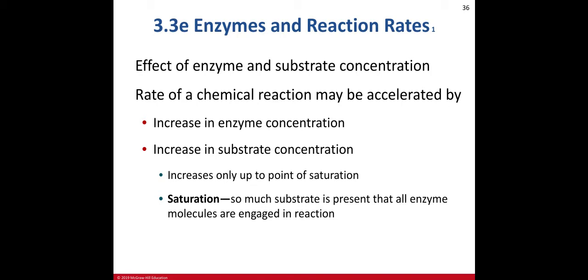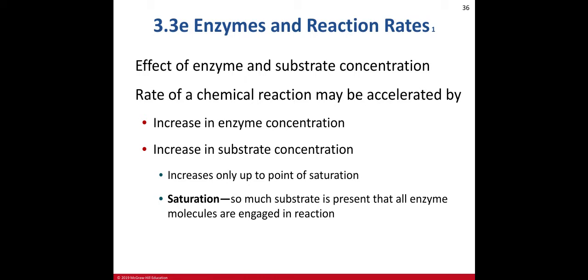What can we do to slow down or speed up or change reaction rates? Well, the amount of substrate or the amount of enzyme can affect how fast the reaction happens. So we can speed the reaction up if we increase the amount of enzyme or we increase the substrate concentration. But we can only increase it until we reach a saturation point. And saturation point means that every enzyme is full of its substrate.